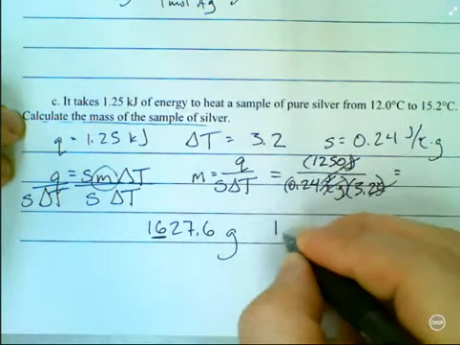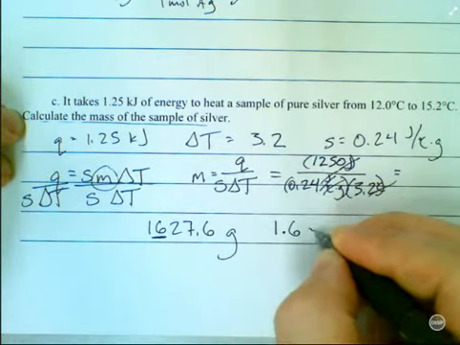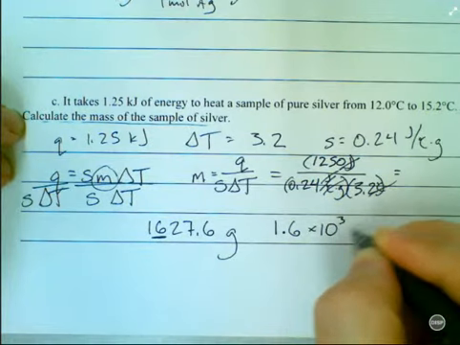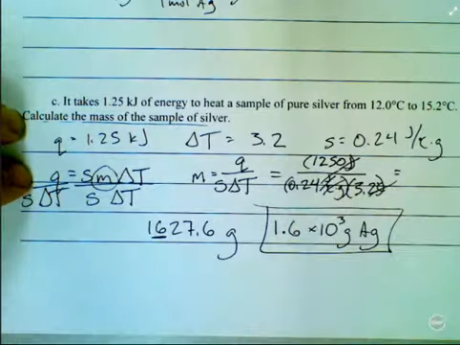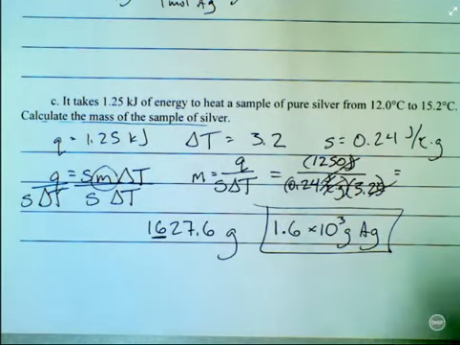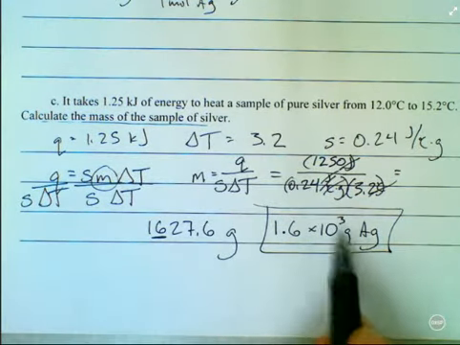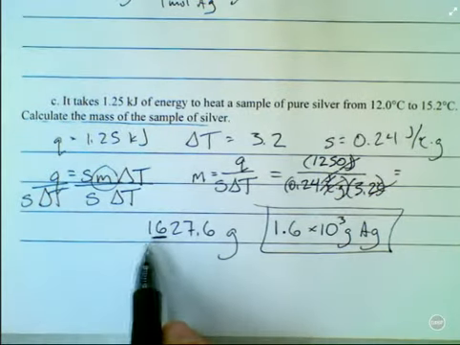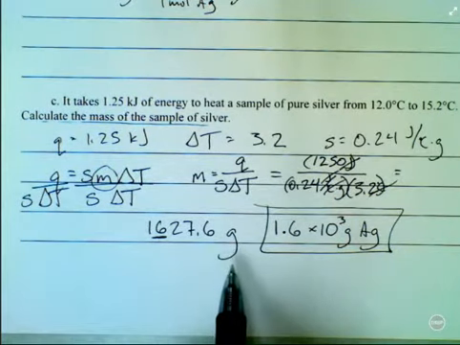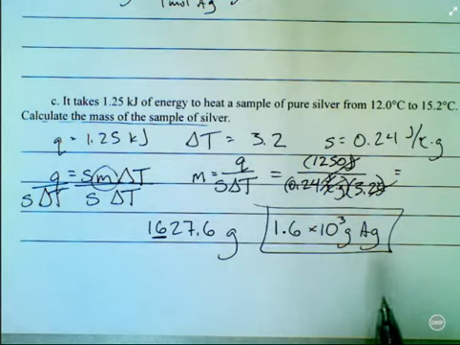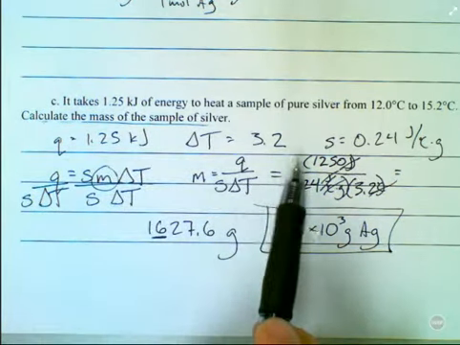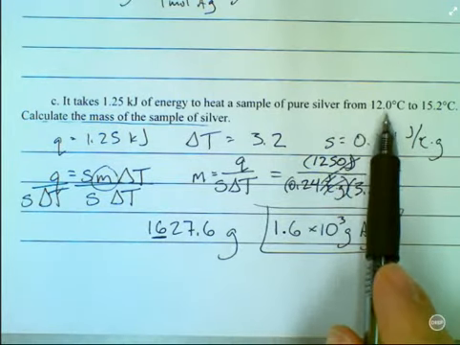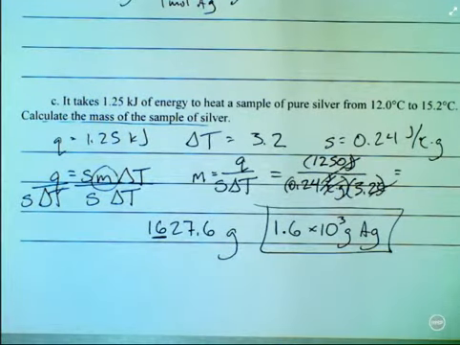So 1.6 times 10 to the third grams of silver. So if you have 1.6 times 10 to the third grams of silver, or 1,600 grams of silver, and you add 1.25 kJ of heat to that sample, the temperature of that sample will go up by 3.2 degrees.